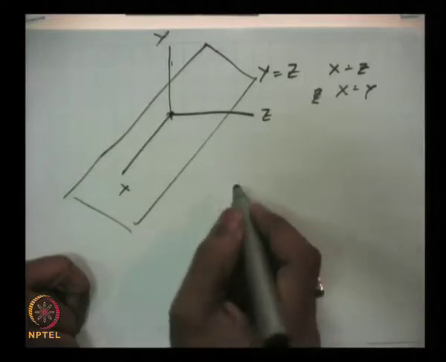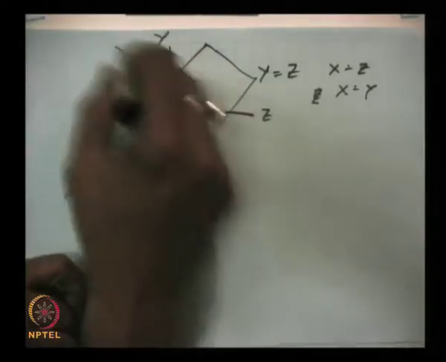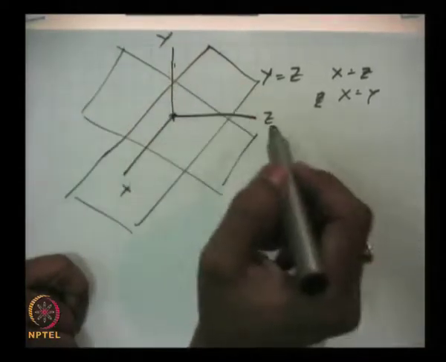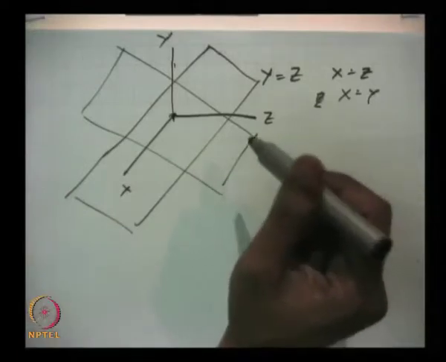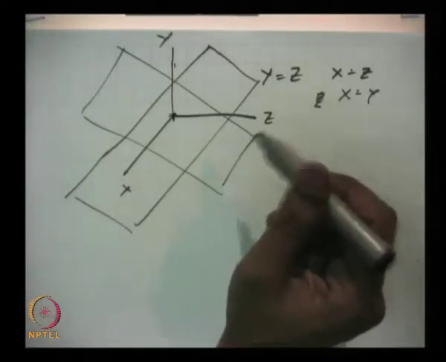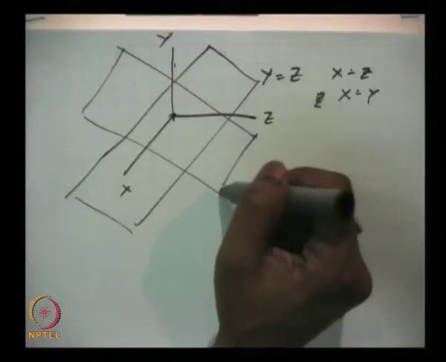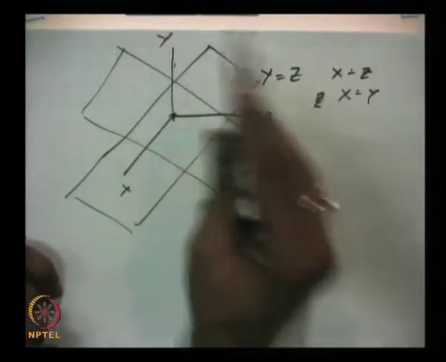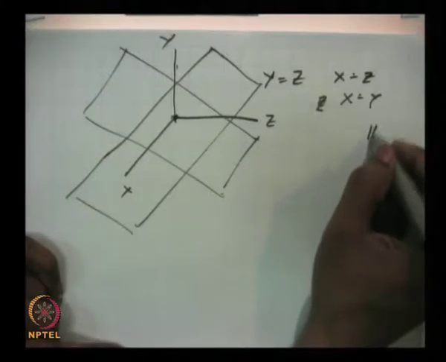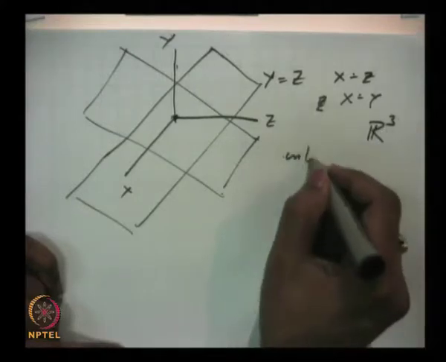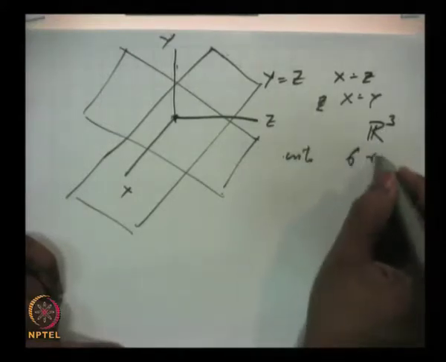Okay. So, there are these 3 such planes, and if you think about it, these 3 planes are not completely independent, in the sense that they are going to partition this R cube into actually 6 regions.